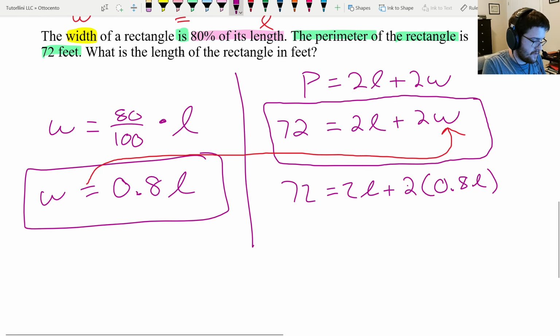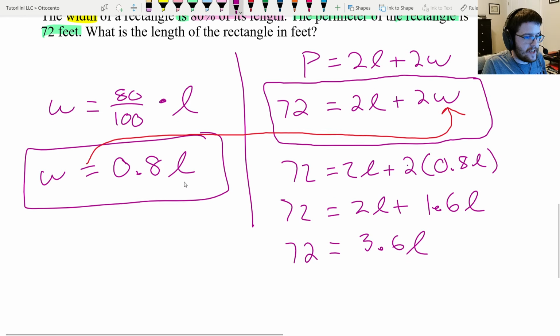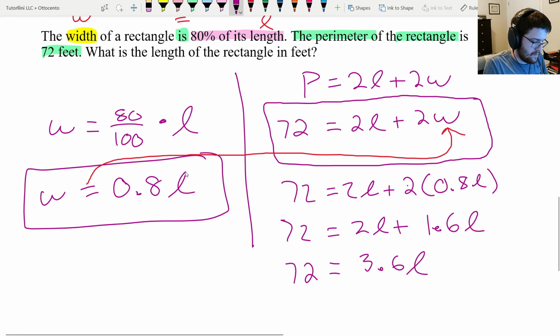So 2 times 0.8, you can do this on a calculator. 72 equals 2L plus 1.6L. So 2 plus 1.6 is 3.6L. And now we're going to divide both sides by 3.6.